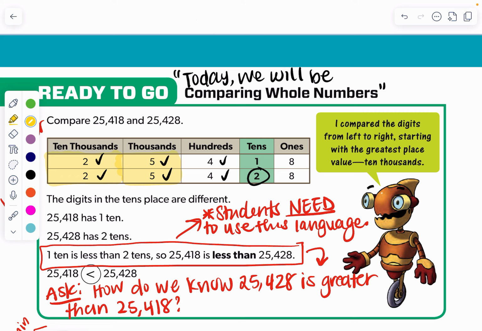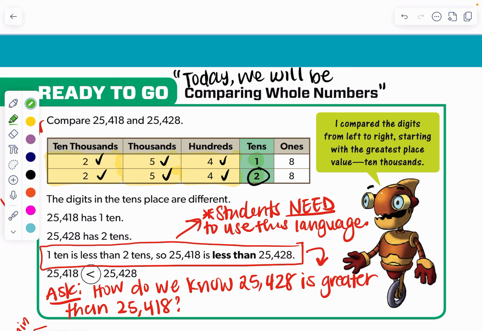So then moving on to the hundreds place, same digits, doesn't help me compare. When I get to the tens place, however, I notice that I have two different numbers. Ding, ding, ding. This is where I can do my comparison. In my first number, I have 110, but then in my second number, I have two tens.